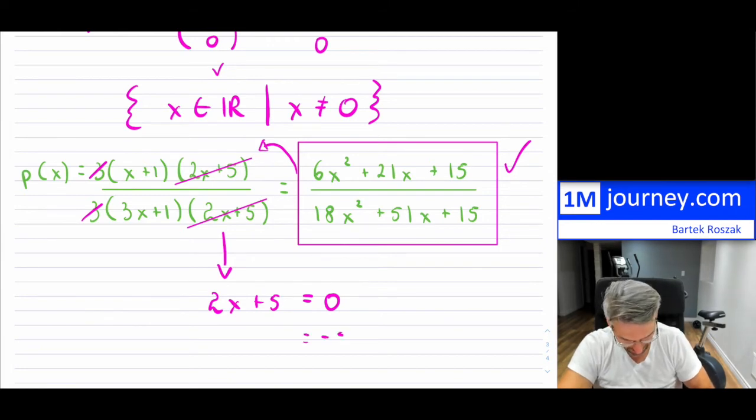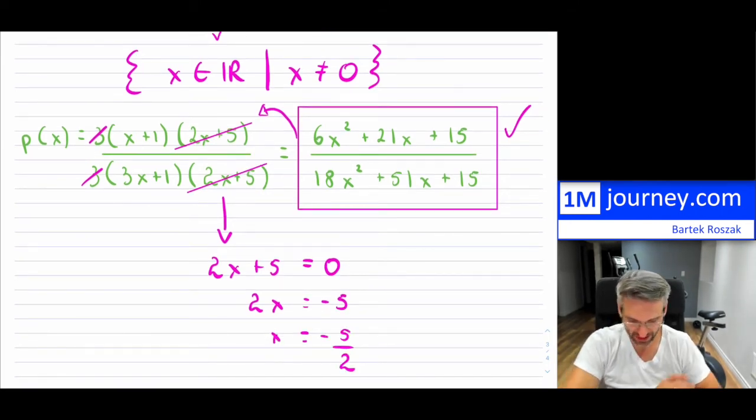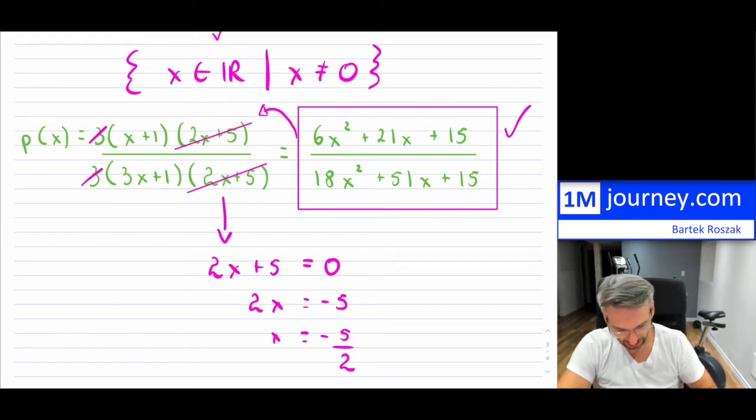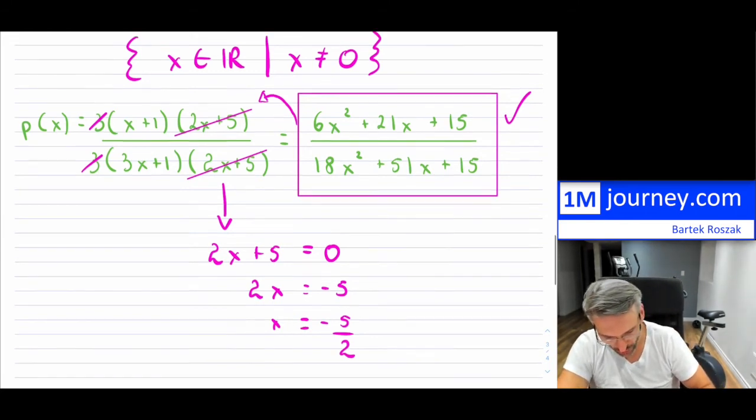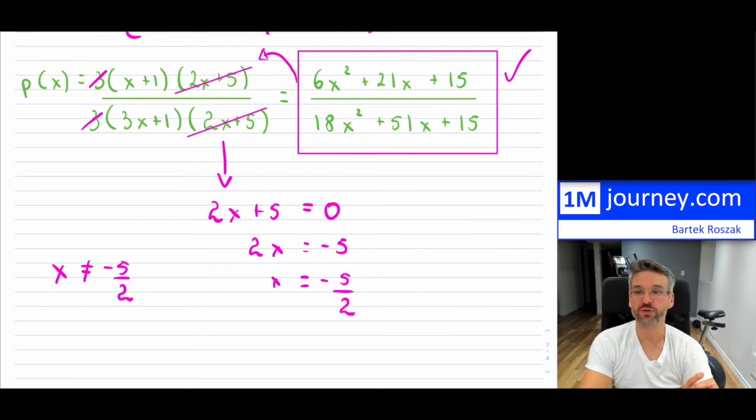So of course, it's not always too hard to try to solve these. So x is going to be negative 5 over 2. That's what you're going to have there. And therefore, our restriction is going to be set. Okay, we cannot have x at that value. Now, that's not the only restriction. That's only the restriction for the factors that canceled.